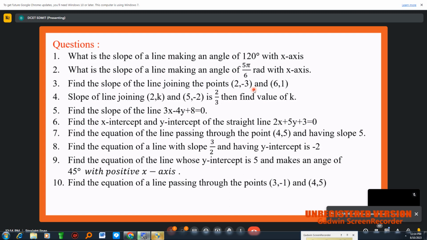The answer for the third one is 1. The answer for the fourth one is 4, madam. Is it 4 or minus 4? Minus 4.